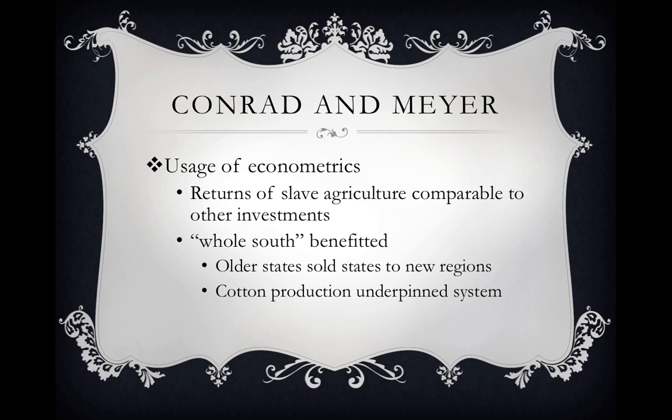And they show that as cotton production regions shifted south and then west, the slave population shifted with it. So they show a very strong relationship between cotton production and the slave labor and the plantation system of the South.